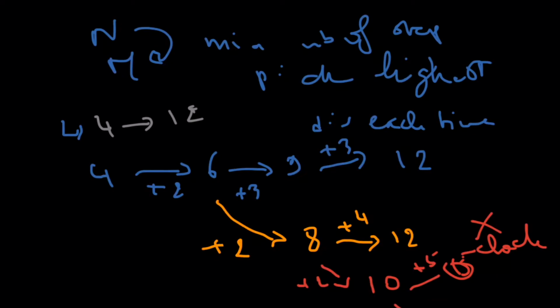Now if we count the number of operations, for this path here we have 1, 2, 3, so 3 operations, here also we get 3, and for this one 1, 2, 3, 4, so this one is eliminated, and we can pick one of these 2.